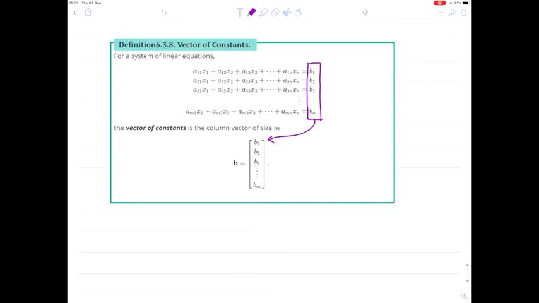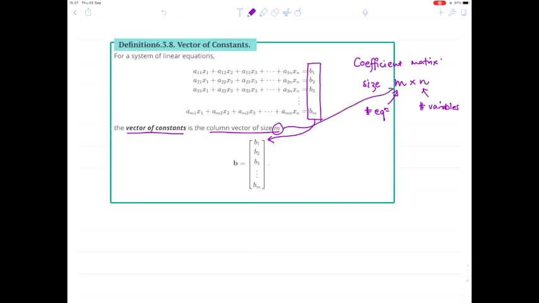So far we have the coefficient matrix, which is size m rows by n columns, where m is the number of equations and n is the number of variables. And now we have our vector of constants, which is a column vector of size m. And this m is the same m as we had in our coefficient matrix.